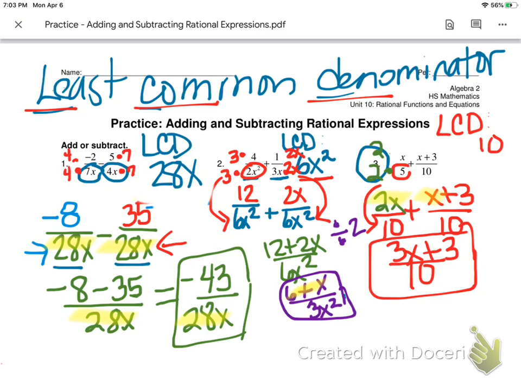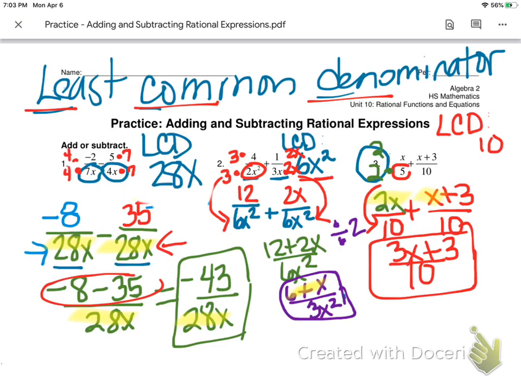So I get 4 times negative 2 is negative 8. That's how we came up with negative 8 over 28x minus 35 over 28x. Then when we combine it over one fraction, we have negative 8 minus 35 gives us negative 43 over 28x.